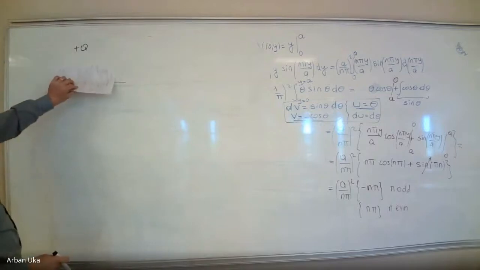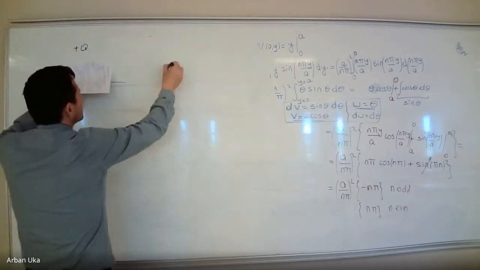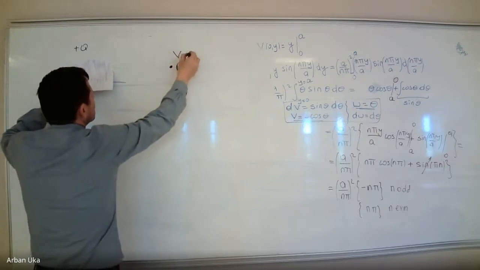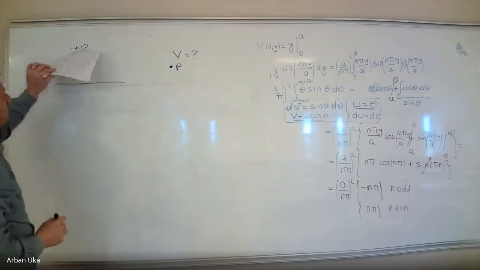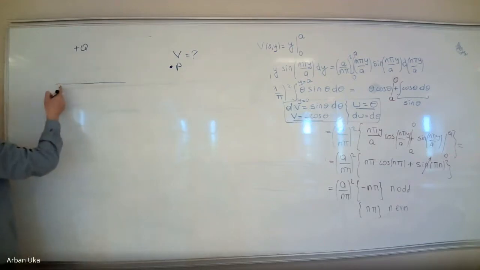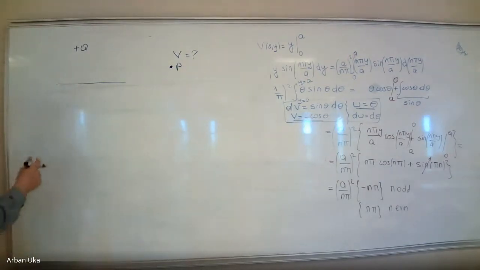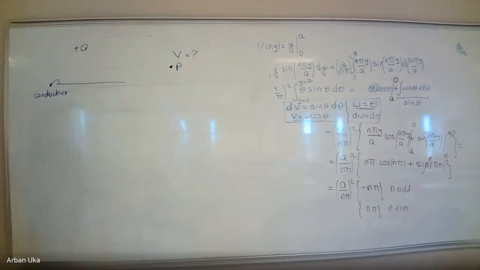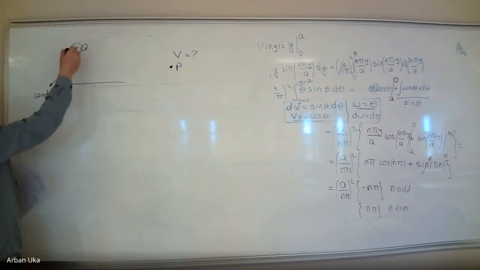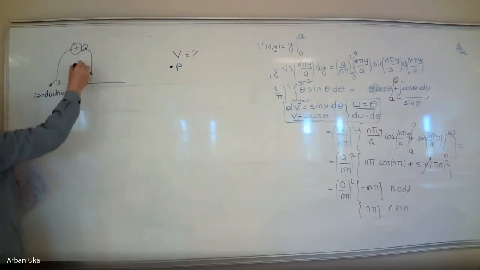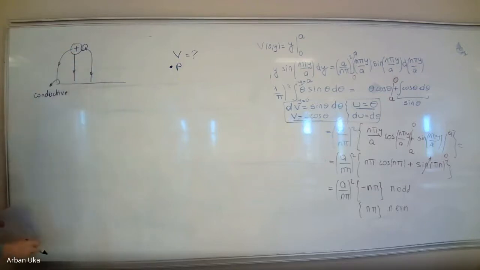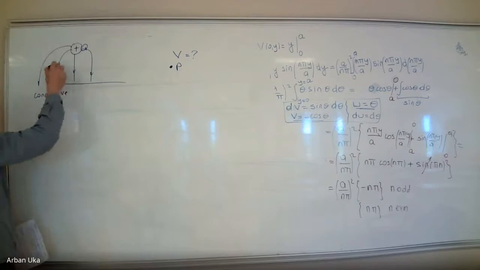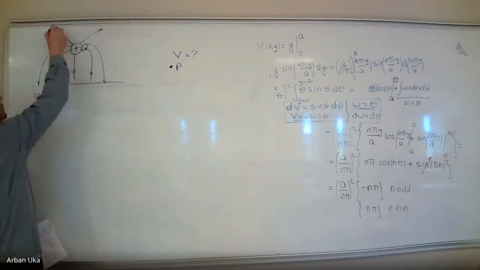So if you have a charge Q and we need to determine the potential at some point P, this is easy. But the moment that this one is close to some conductive layer, because of this Q, it has field lines that go like this and also like this, and of course it goes also everywhere.